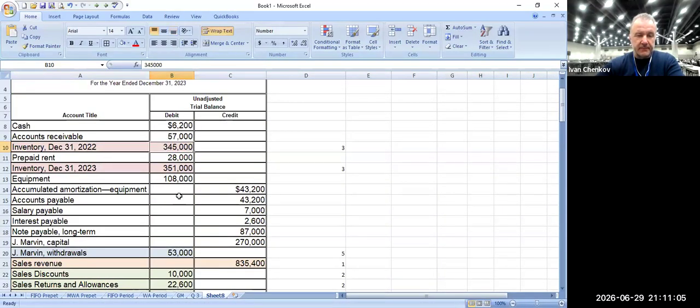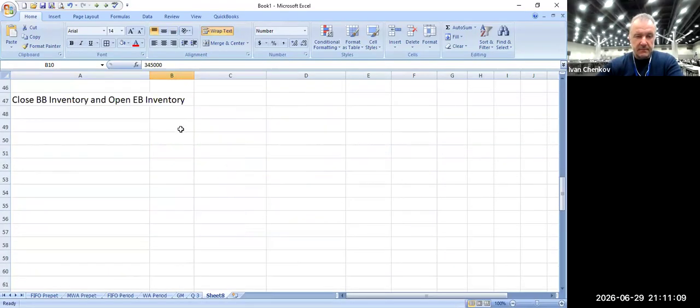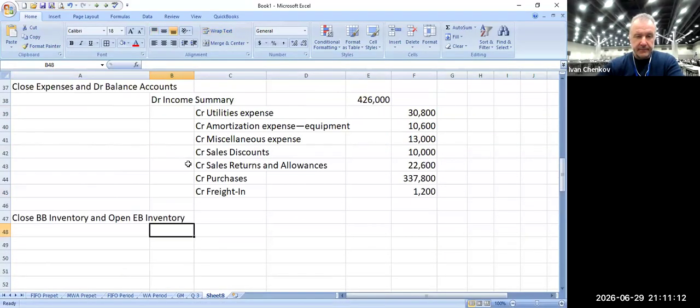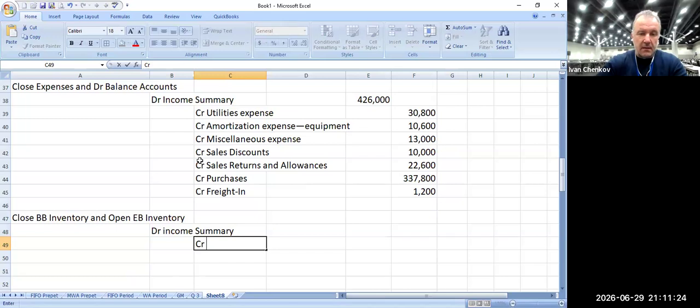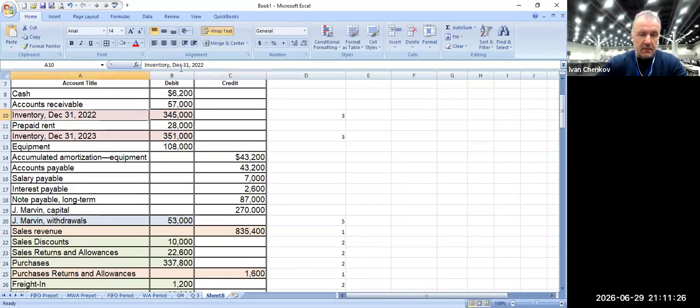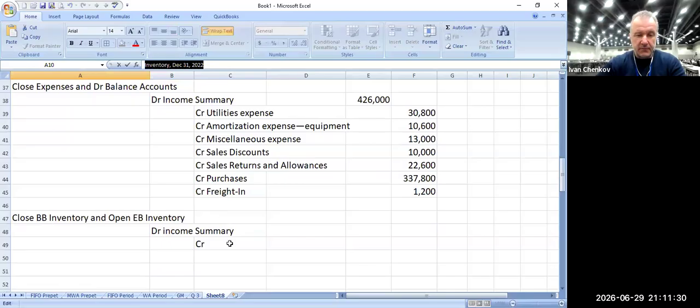It's on the debit side. So we have to close it as a credit. So we're going to debit the income summary account, and we're going to credit inventory of December 31st, 2022.